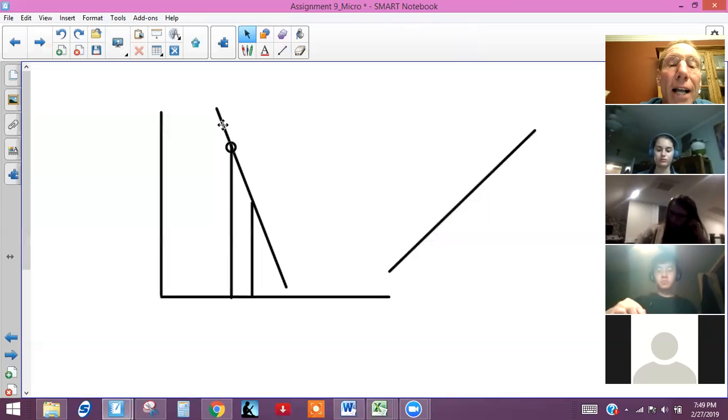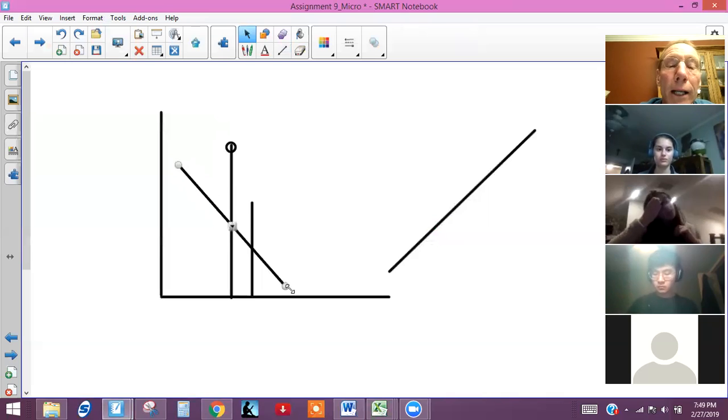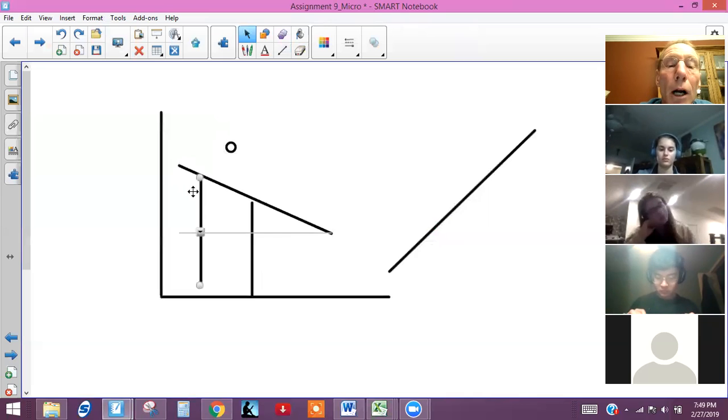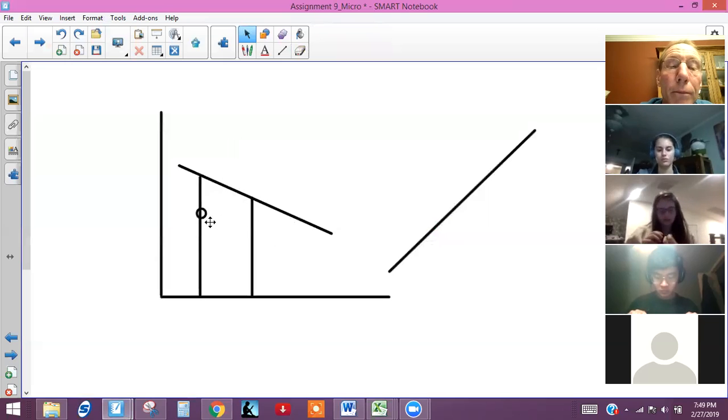If it's very elastic, like this, and you go up in price from there to there, you're only going to get a little bit of an increase in price, but you're going to lose a lot of quantity sold.